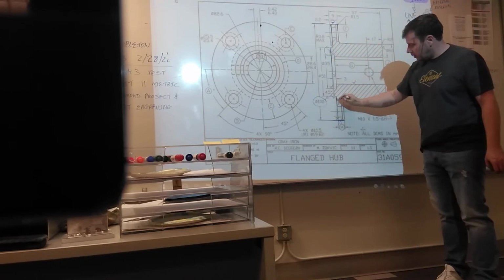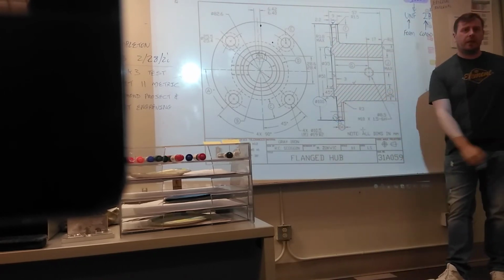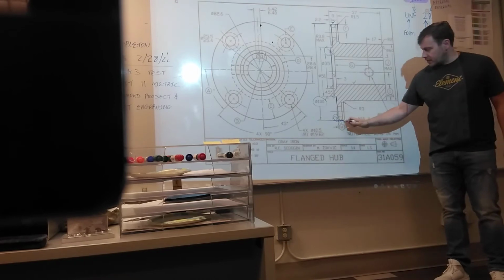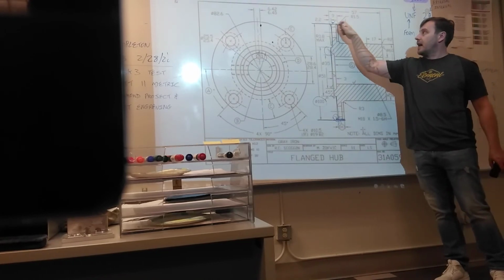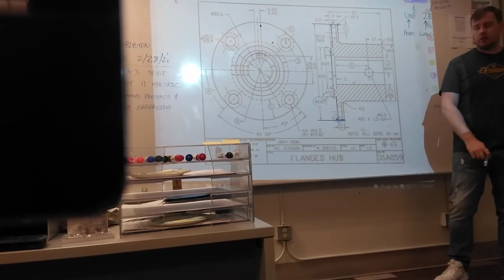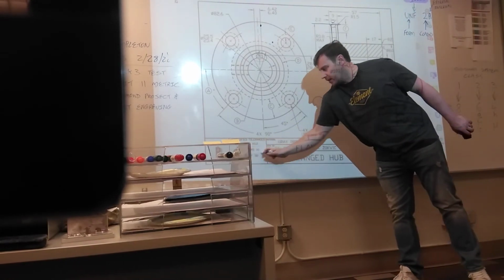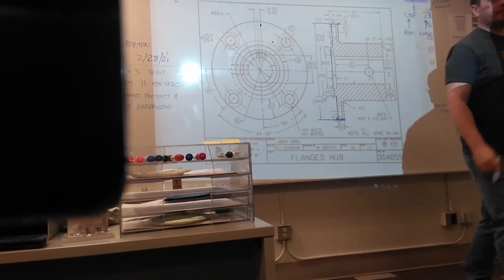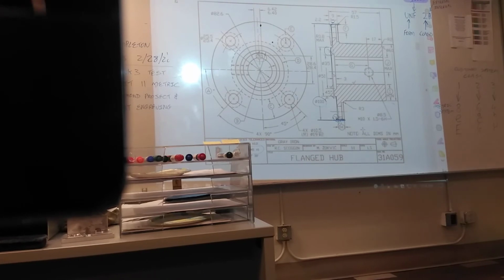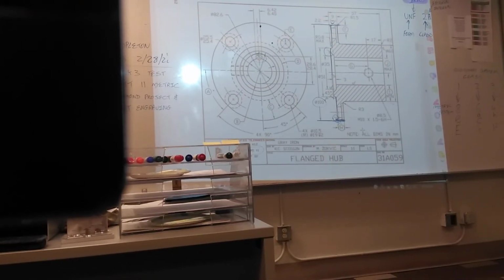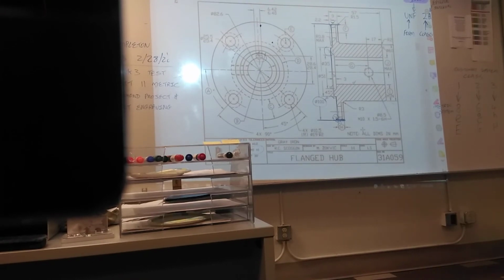On this one, we've also got a finish symbol. Means you have to machine it. But there is nothing on the diameter. So you have to use plus or minus 1. So your answer is plus or minus 1 millimeter.